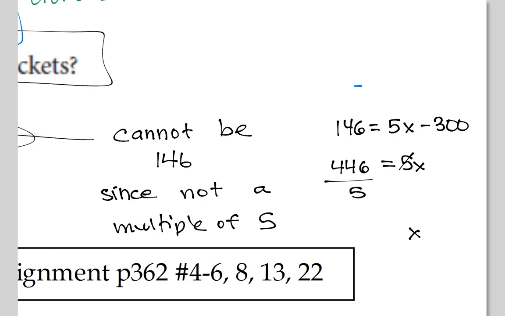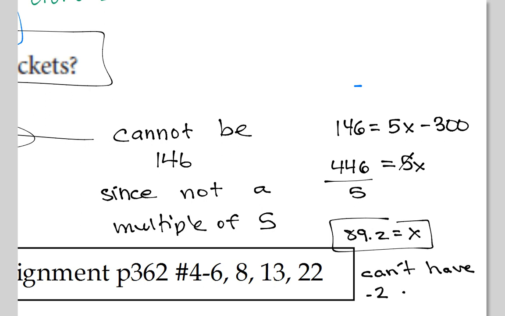I got 89.2, good. Excellent. And then you would say I can't have 0.2 of a ticket, not a dollar, a ticket. You can have 0.2 of a dollar. Yeah, it's 20 cents.